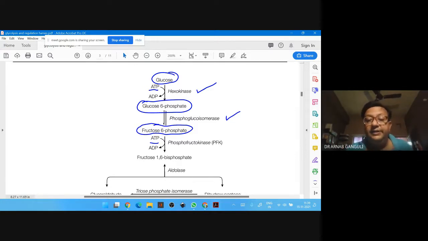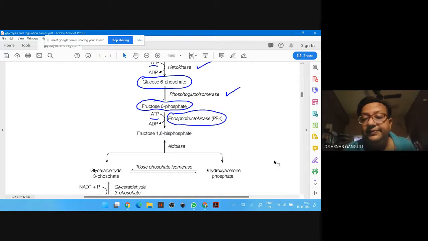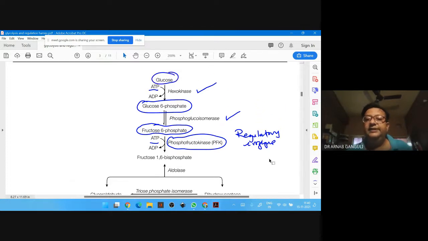Now, this is the most important enzyme, phosphofructokinase, PFK. It's a regulatory enzyme. The other regulatory enzyme which we see is hexokinase.